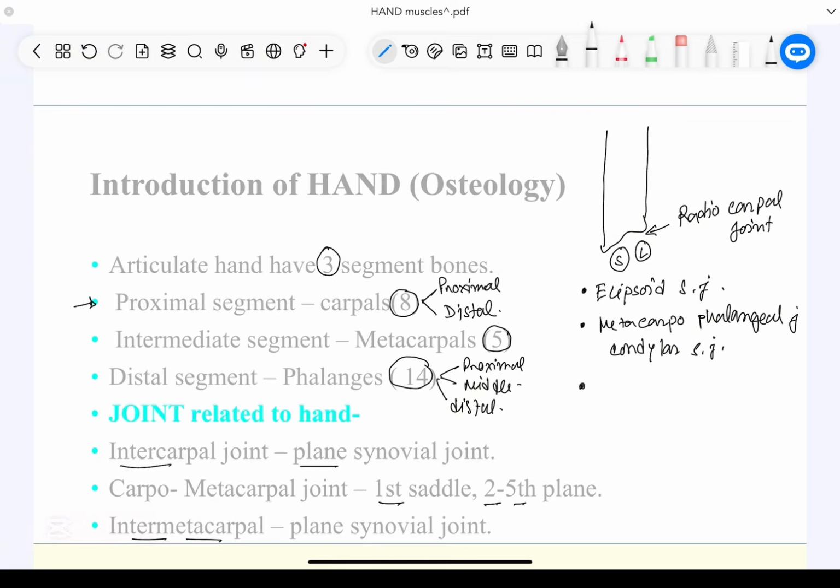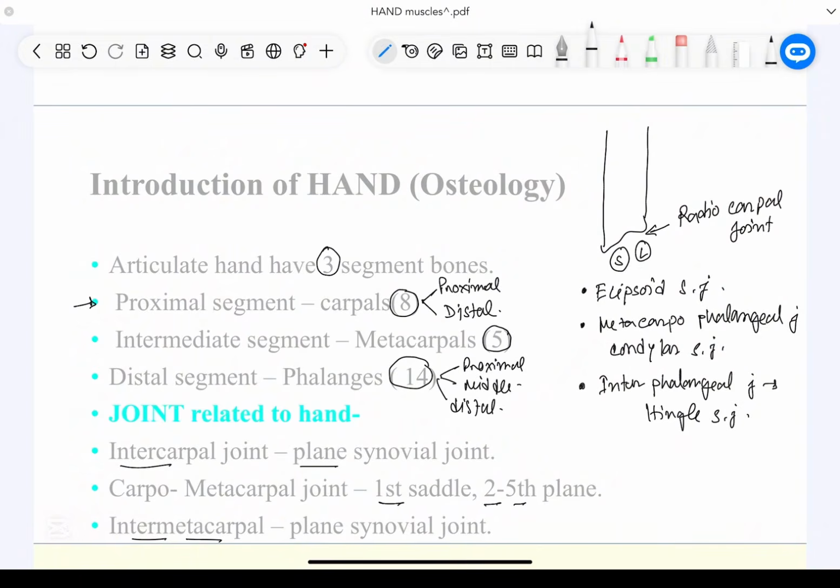The exception is the thumb. Thumb doesn't have a middle, only 2, proximal and distal. Anyway, in between them also there is a joint. It is called interphalangeal joint. And interphalangeal joints are hinge variety of synovial joint. So in the skeleton of the hand, these are the joints we are going to get.